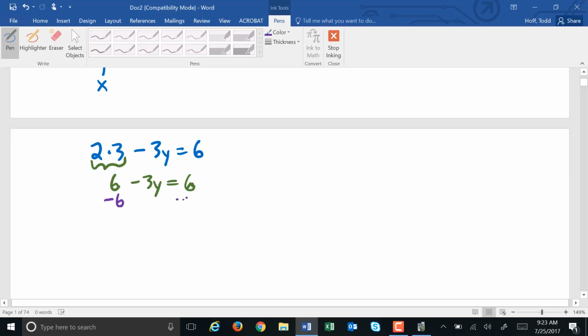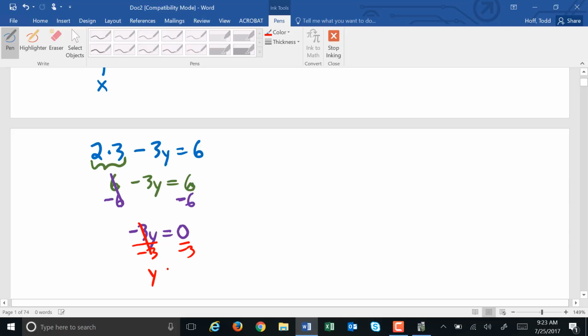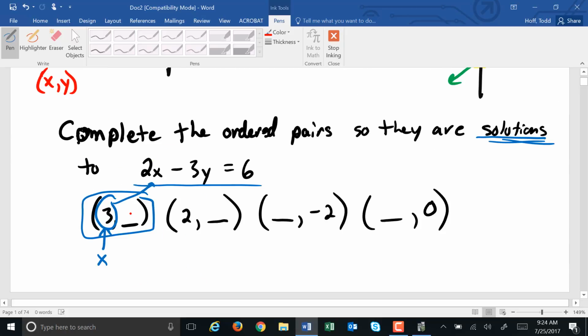Very good. So I subtract 6, and that's gone. I have negative 3y equals 0. Then what? We'll divide by the negative 3. So the negative 3 divides out, what's 0 divided by negative 3? 0. So to complete that ordered pair, y has to be 0.